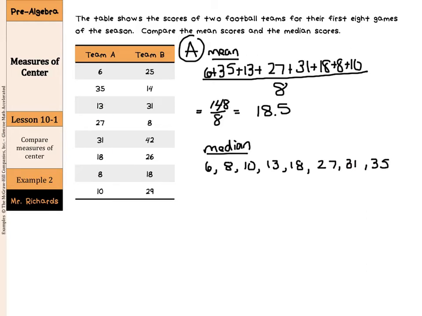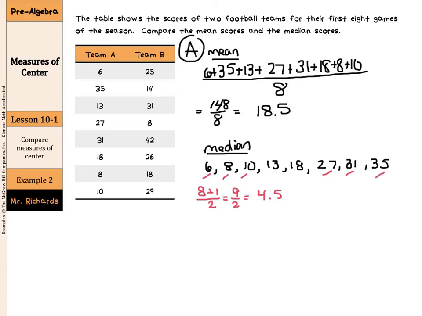Now, a way to calculate where the median is going to be, instead of just crossing off numbers one by one, is to say, I have 8 games. If I add 1 to that, then divide by 2, I get 9 divided by 2, which tells me that my median is the 4.5 term, or in between the 4th and the 5th term.